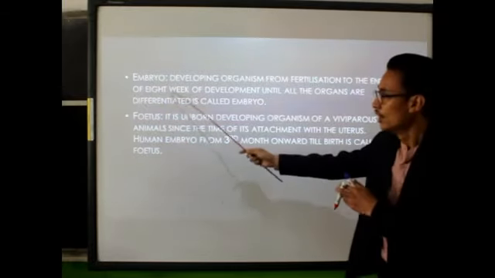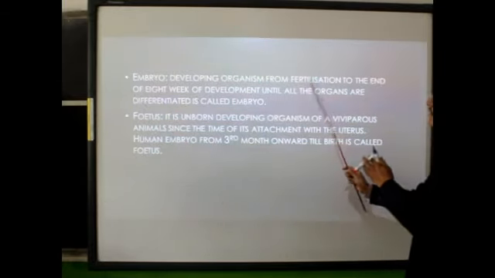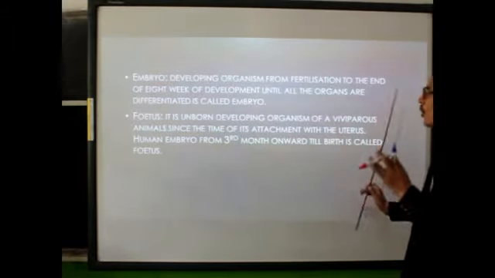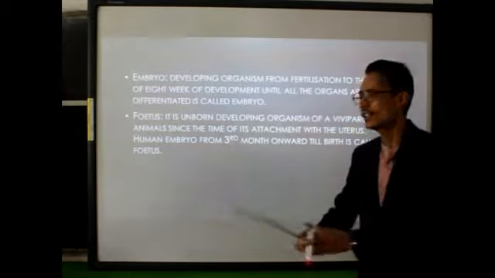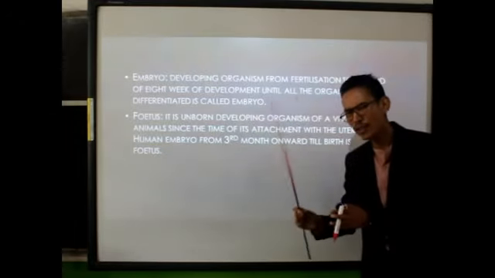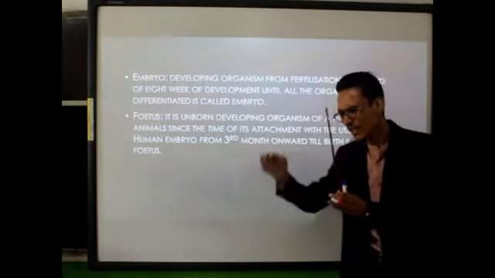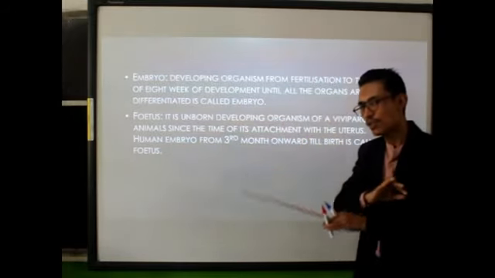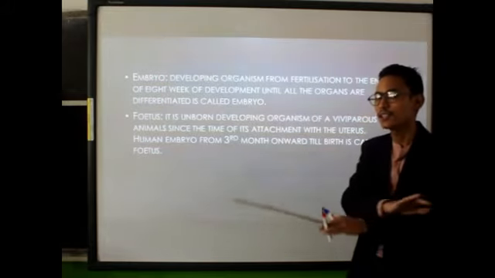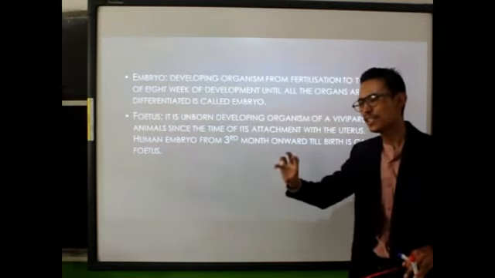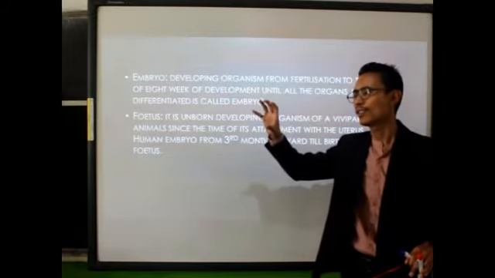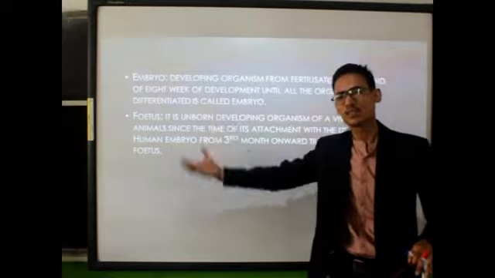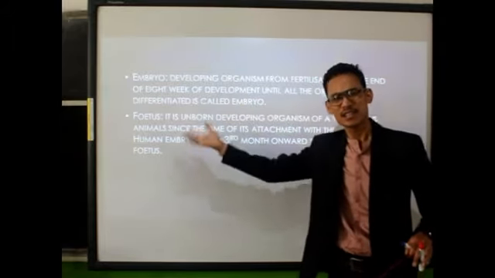The developing organism from fertilization to the end of the 8th week of development, until all the organs are differentiated, is called the embryo. Till this time the organs have not been differentiated. The zygote is simply under the process of development, developing into morula, blastula, gastrula. Then it undergoes implantation.